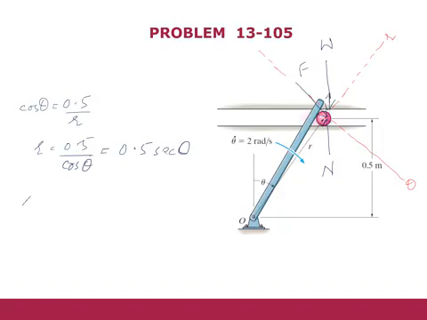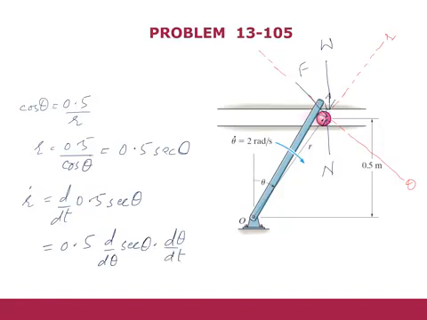In order to find r dot, we have to differentiate it. So this is d by dt of 0.5 sec theta. We will apply the chain rule: 0.5 d by d theta, times d theta by dt. When you solve it, you will get 0.5 sec theta tan theta times theta dot, and this is the term which is theta dot.